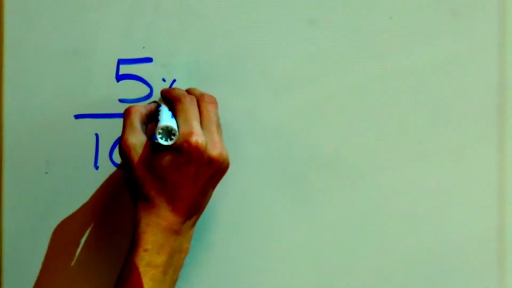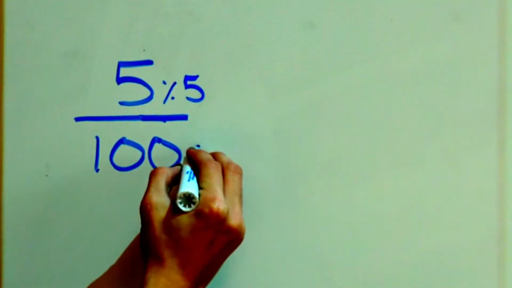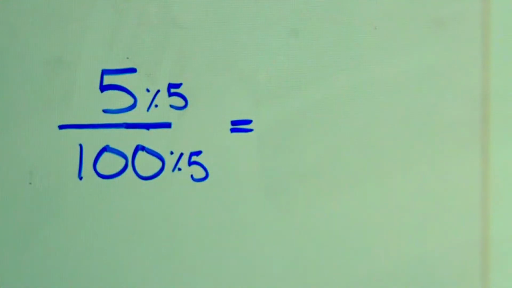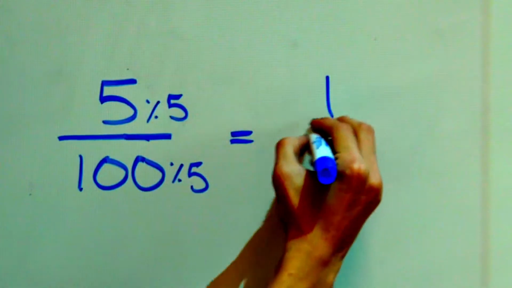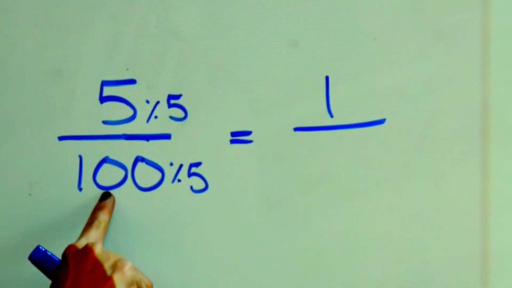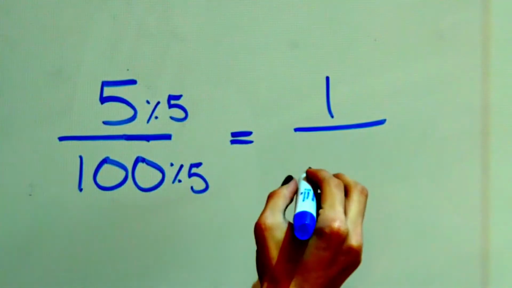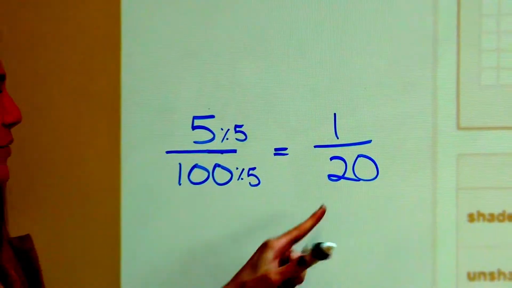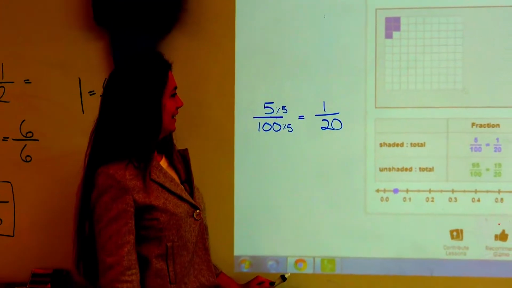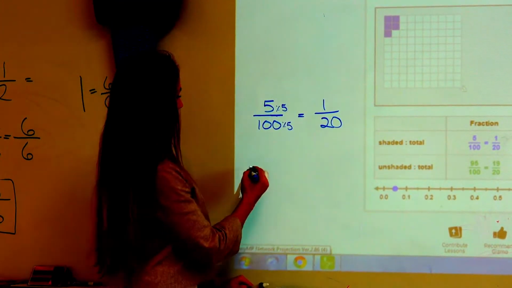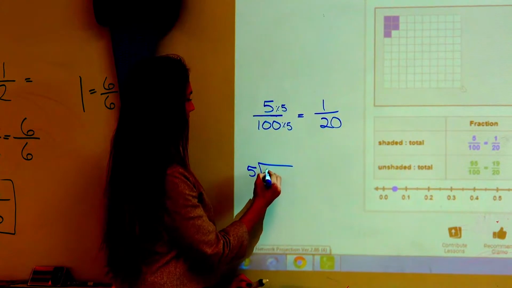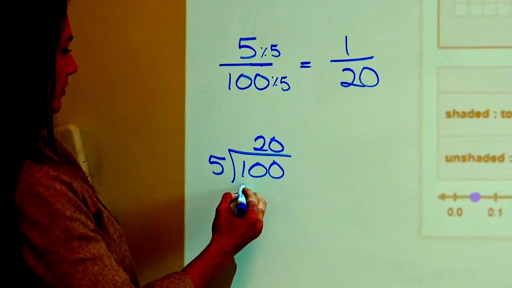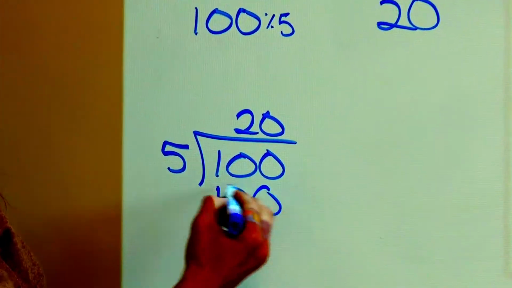I'm going to divide by 5 here. 5 divided by 5, thank you, Vanessa, is 1. 100 divided by 5. That's right, Casti, 20. Five goes into 100, 20 times. 20 times 5, 100.